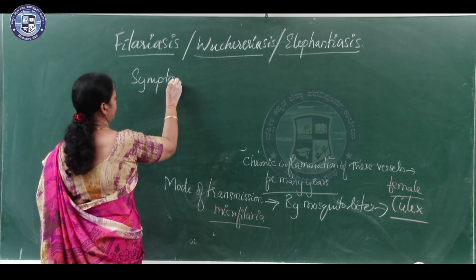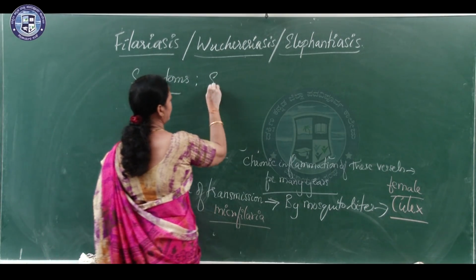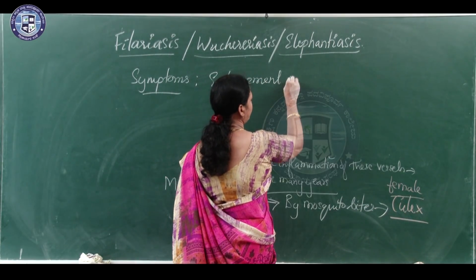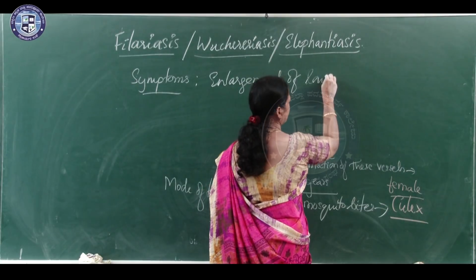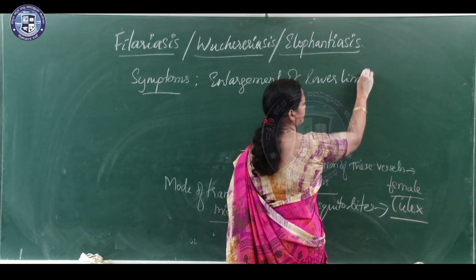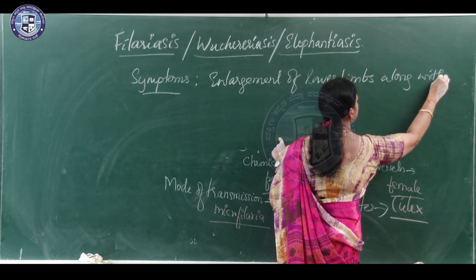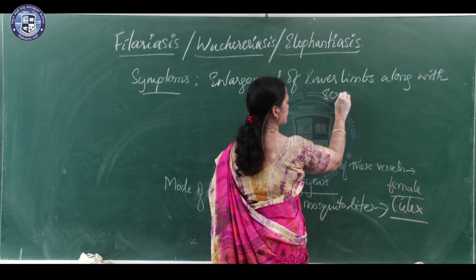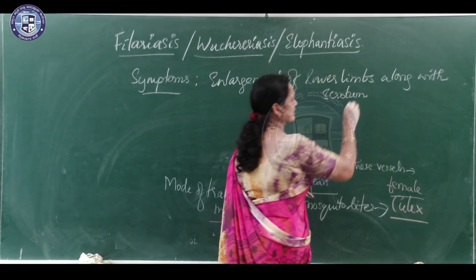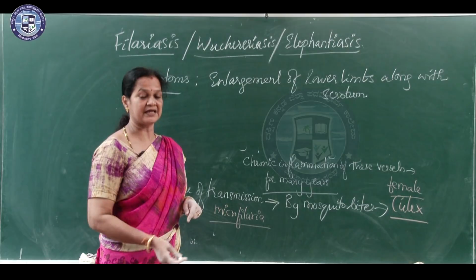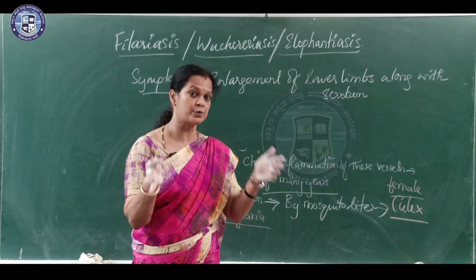Symptoms: enlargement of lower limbs, sometimes along with the scrotum or scrotal region, an abnormal increase that resembles an elephant's leg, a huge leg.